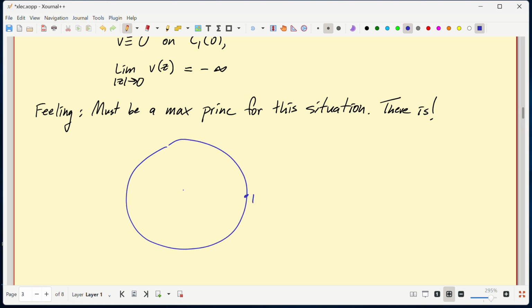Then I'm going to punch out a little disk of size delta here. So that's going to have a little radius delta. And then I'm going to have a maximum principle on this shaded region.